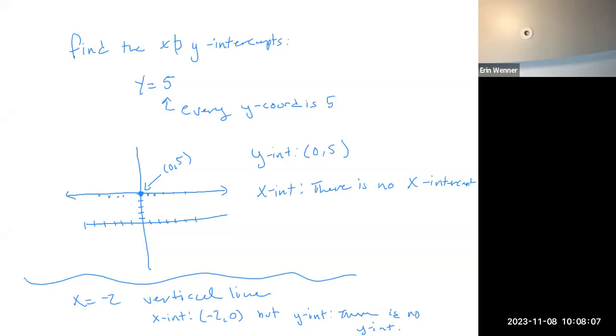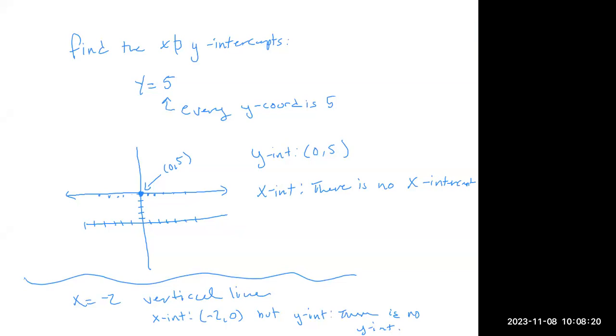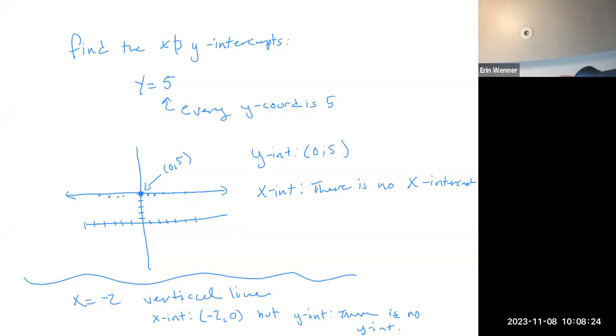But when it's asking about the actual intercept, we're looking for where it crosses the y axis. So we have to make sure that we list that 0, 5 part. Is that answering what you were asking, Elijah? Yeah. Okay, perfect. All right, so let's look at the next one.